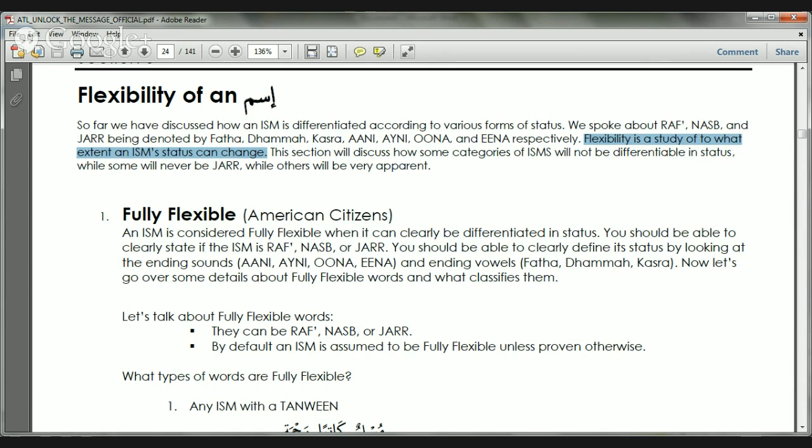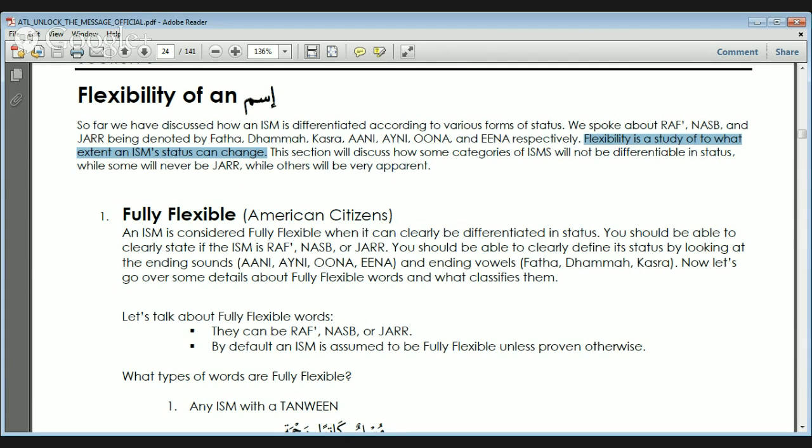Copy. Flexibility is a study of to what extent an ism's status can change, i.e., what will make it heavy or light.